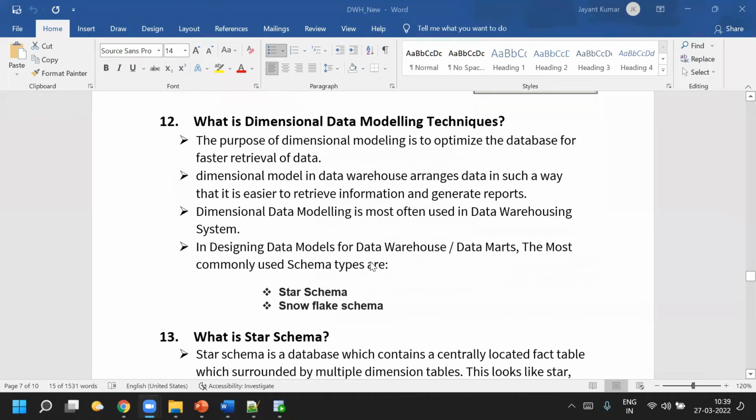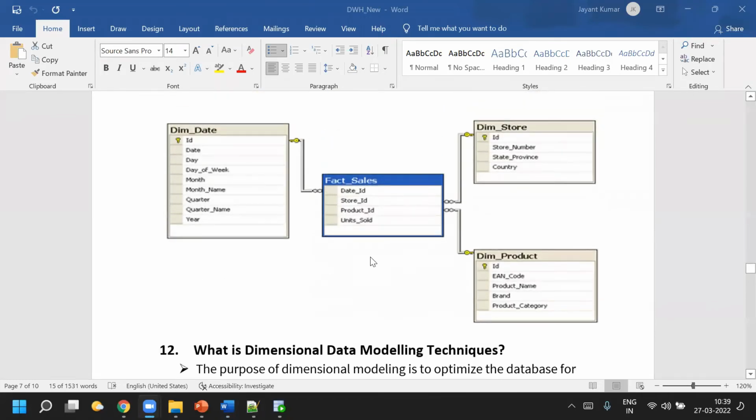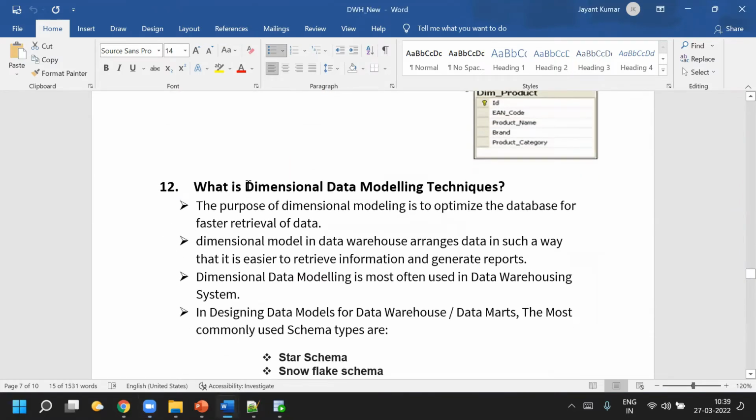But as of now, just consider that the primary key in each dimension table is related to the foreign key in the fact table. So they are interrelated.